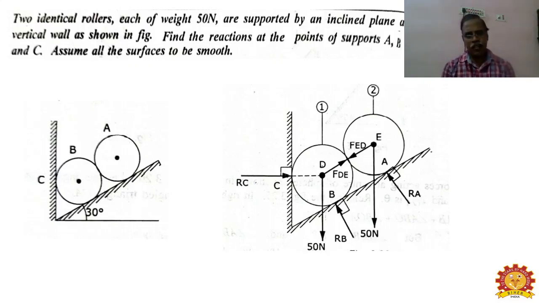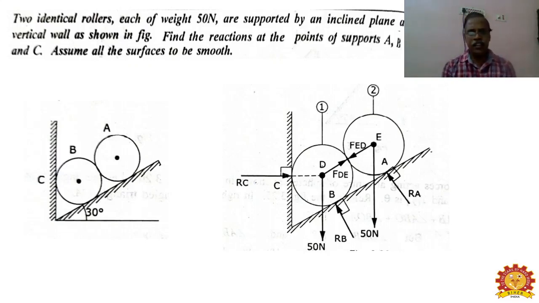By that law, the reaction force at point C is given as RC, and the reaction force perpendicular to the slope is given as RB for the cylinder, roller 1. Vertically downwards, W will be acting, 50 Newton. One more contact point is with roller 2, so there also an opposite reaction FED will be acting.